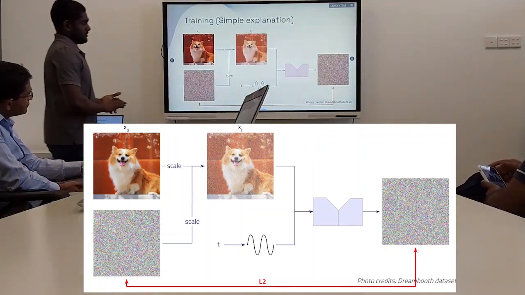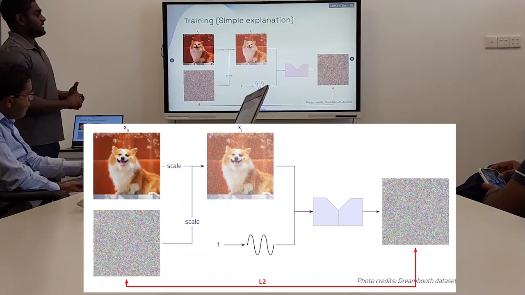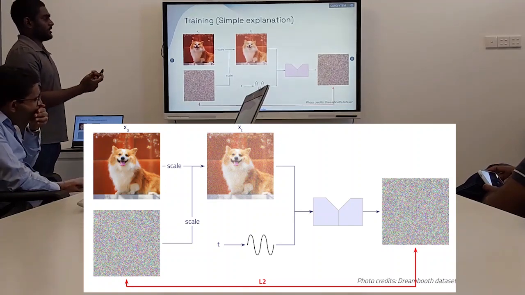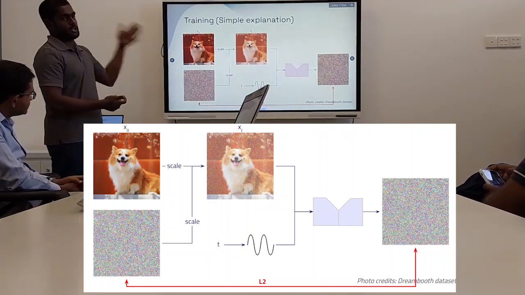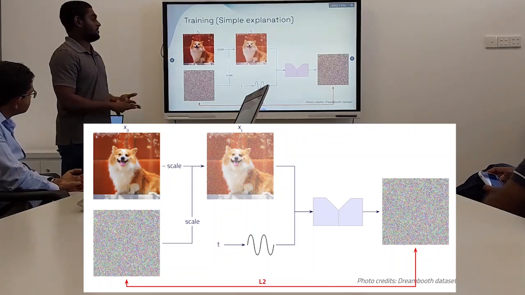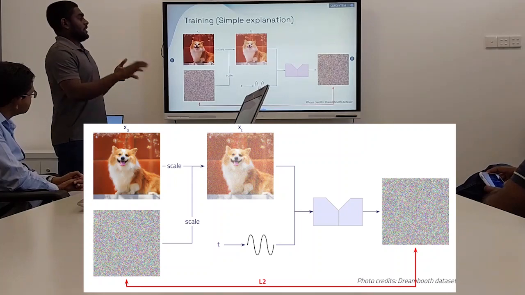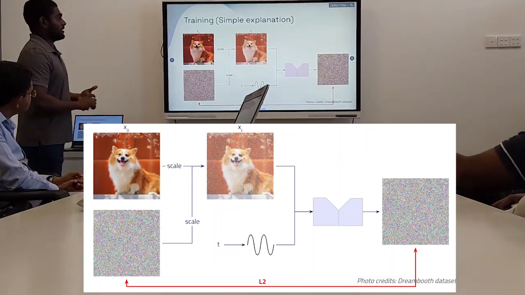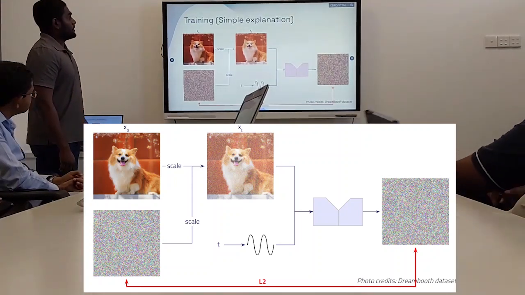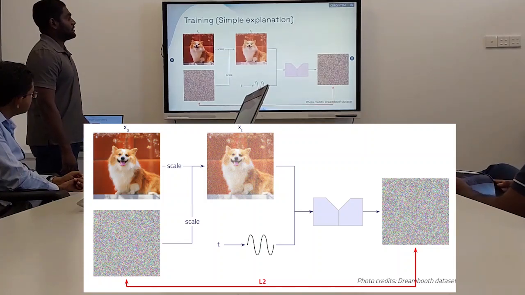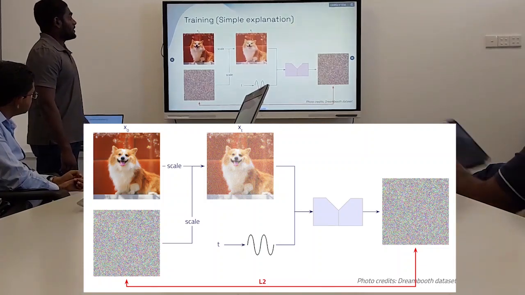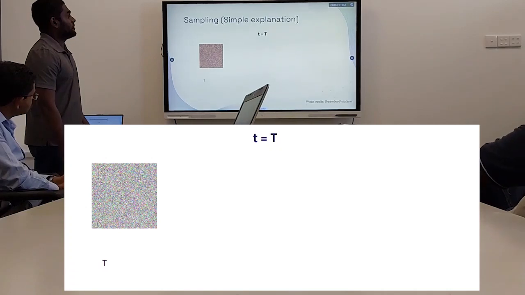In the inference part, we give a noise sample, and the model will predict the added noise, and we can subtract the noise and get the image. So that's the most basic training explanation, and then we can see the sampling explanation.